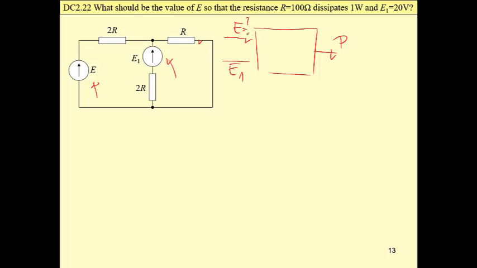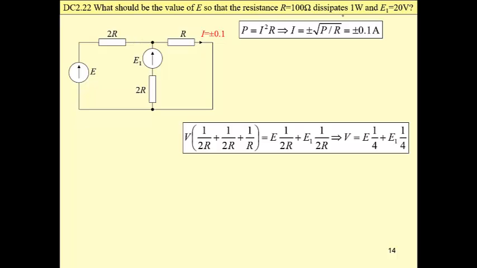So same as before, we have to express this current by power which is given. Then we have to add nodal equations to express this voltage by circuit parameters. Then the current that we are looking for: please observe this current now is a sum of two components.